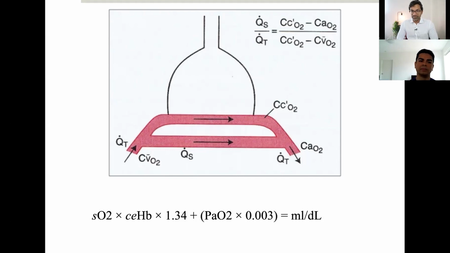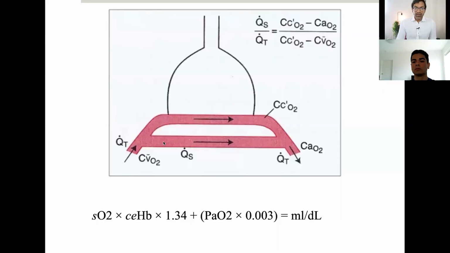Yeah, exactly. Roughly, the shunt equation comes to, as you can see, I'll put this diagram up again. This is a concept, right? This QS here, you're just trying to find a ratio of this to this.